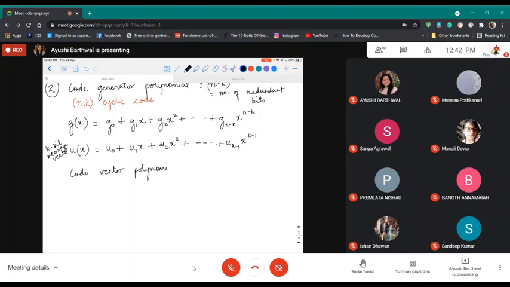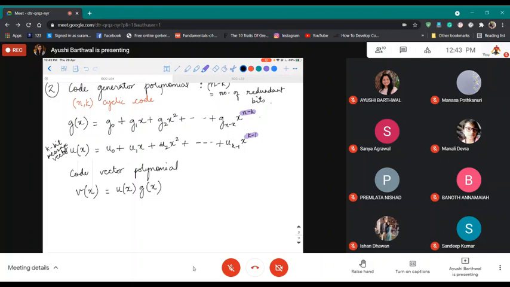The code word V(x) is generated by the multiplication of u(x) into g(x). The highest order of the message vector is k minus 1, and of the generator polynomial is n minus k.